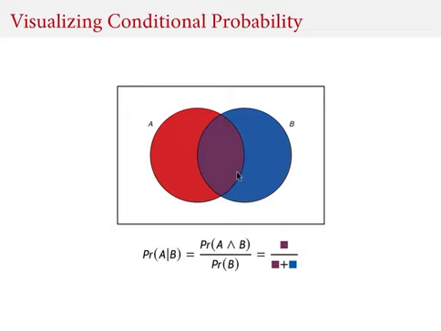So that is to say that if we suppose B is true, if we condition on B, how much of the remaining space within B is also A space? And the more space within B that A takes up, the higher the probability of A given B.